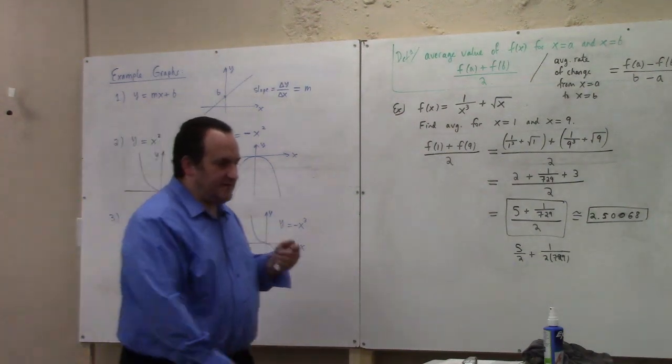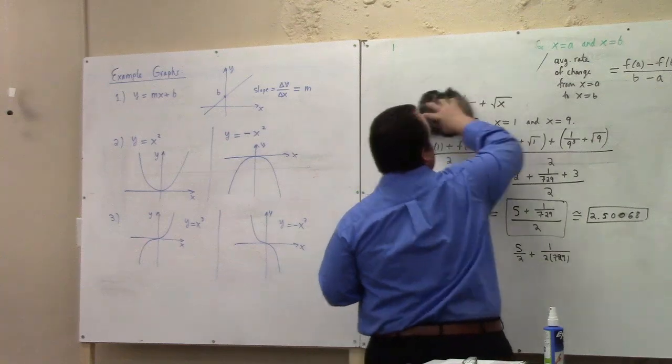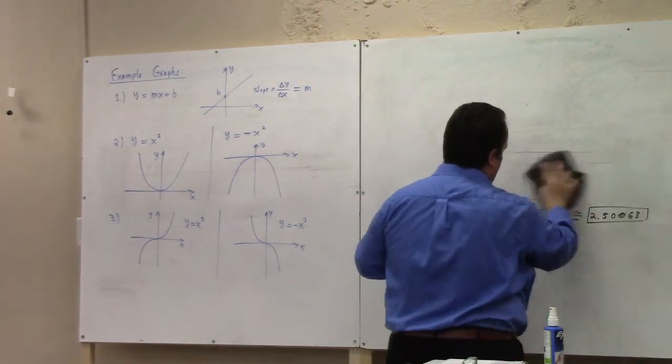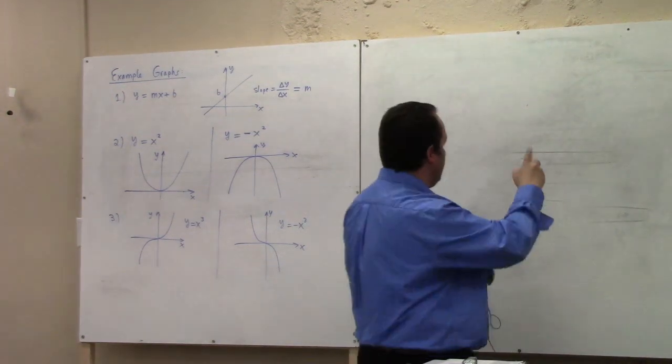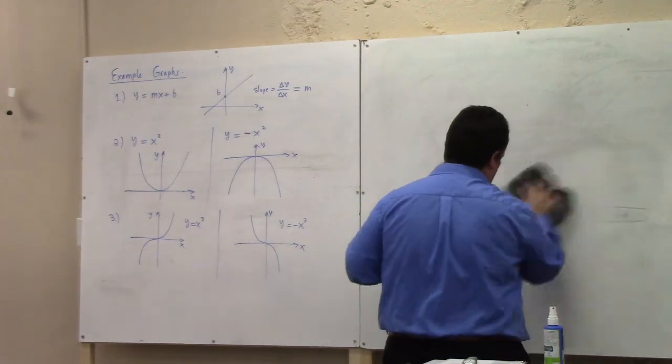What does y equals x to the 4th look like?